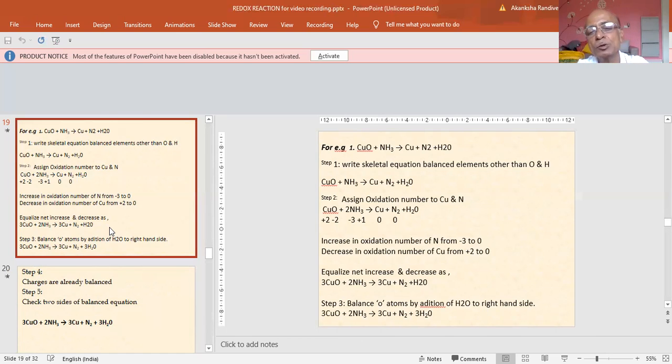And thus, thrice of CuO plus twice of NH3 gives thrice of Cu plus N2 plus H2O, as it is given in the equation.